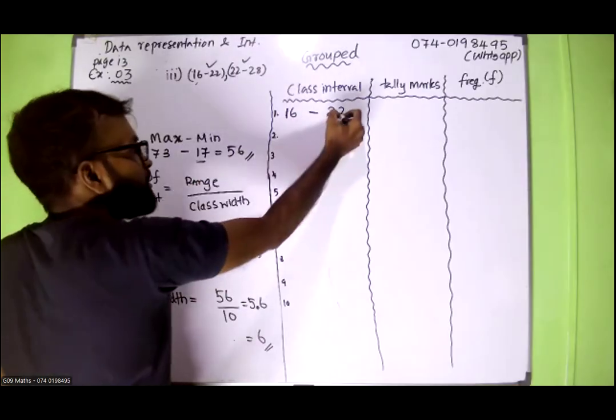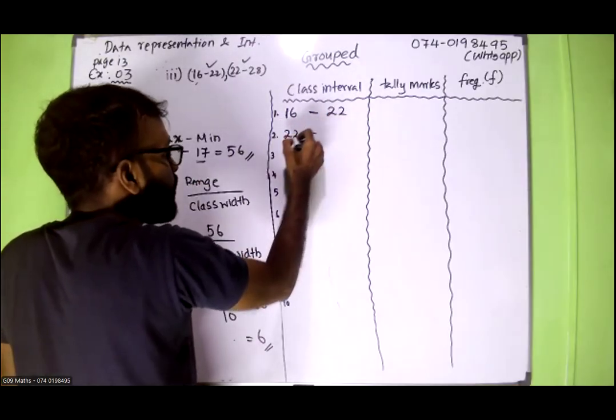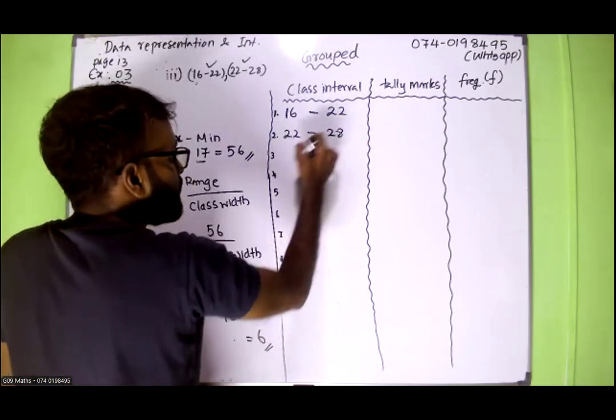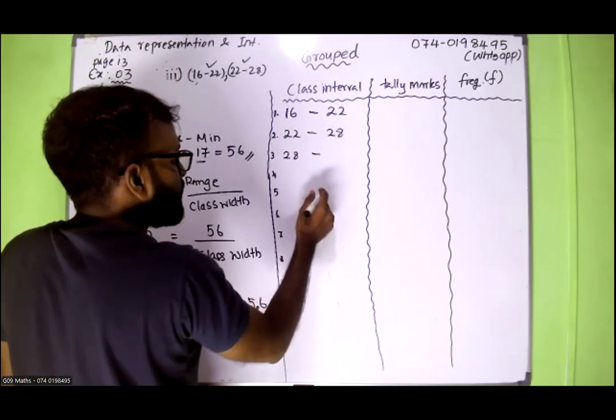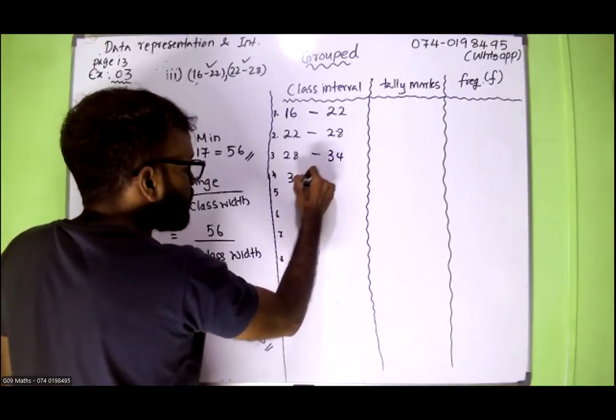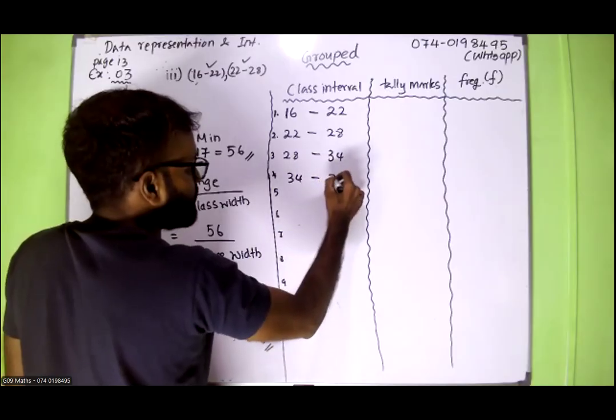So the second class interval, you have to begin from 22. You are going to add the class size 6, 28. Then starting from 28, add 6, 34. Starting from 34, add 6, 40.